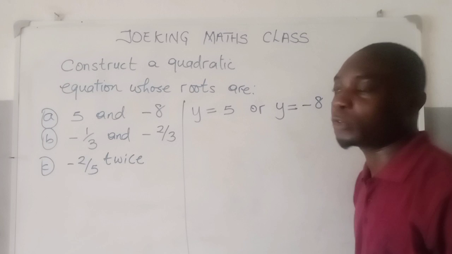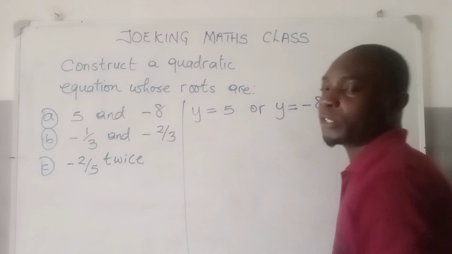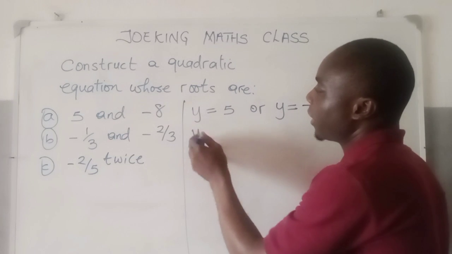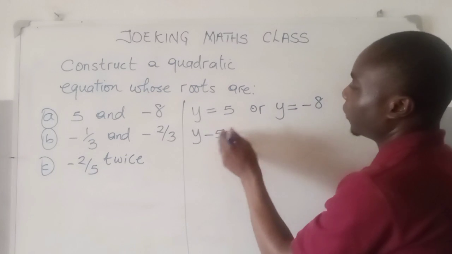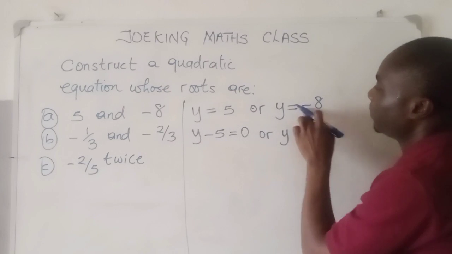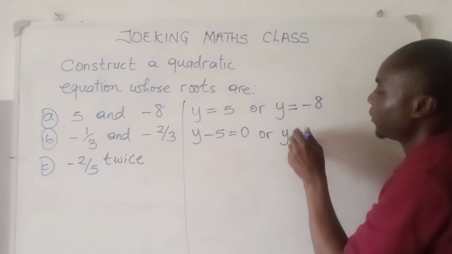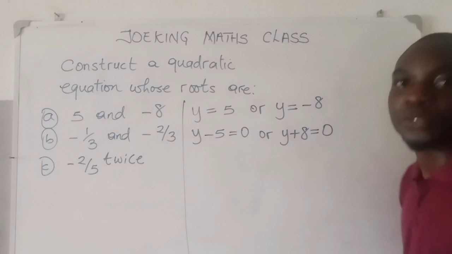The next thing we're going to do, this 5 is going to cross over to this side to meet y. So we have y minus 5 equal to 0, or y minus 8 crosses over to this side and becomes plus 8, and that's equal to 0.